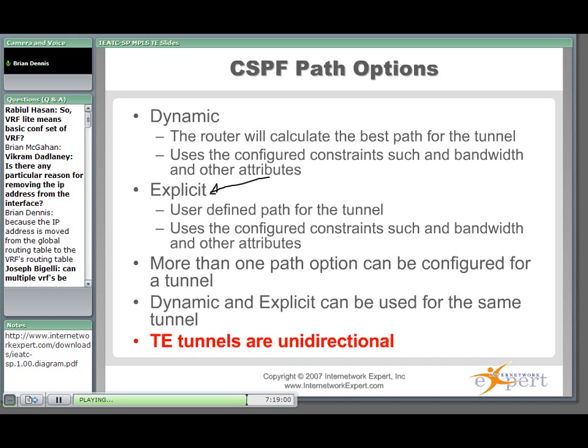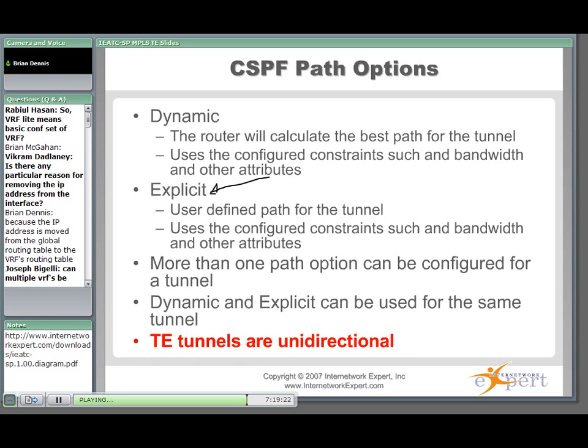Other constraints too, there may not be enough bandwidth in the path that you select, so it may try another path through the network. You can have multiple path options, meaning you can have an explicit path, and if that explicit path isn't available for whatever reason, you can fall over to a dynamic path.